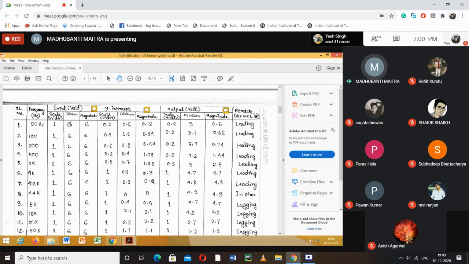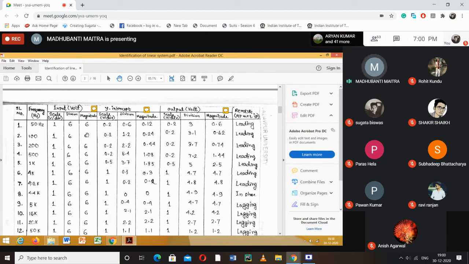If we see the waveform, we'll see 6 divisions. So the amplitude value of the input is 6 volt, and the amplitude value A will be kept constant throughout the experiment, which can be verified by the entries in this column.